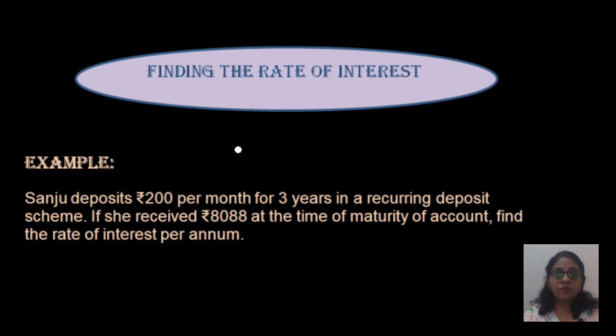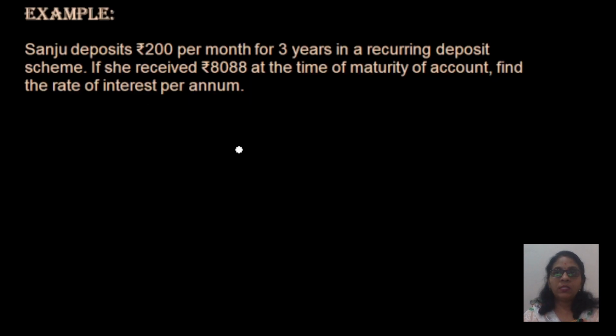So if you are asked to find the rate of interest, the factors that you should know are the principal, the tenure, that is the time period, and either the maturity value or the interest. So let's do this sum. Sanju deposits 200 per month. So what is this 200, children? Again, this 200 is principal, for 3 years.